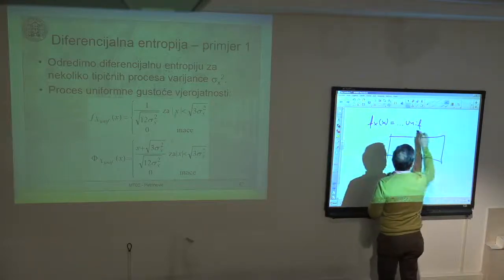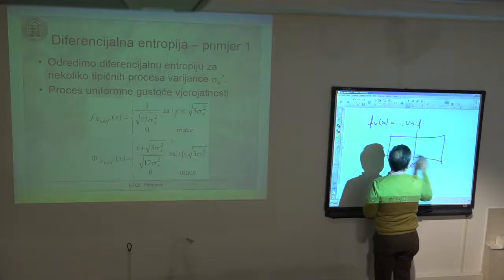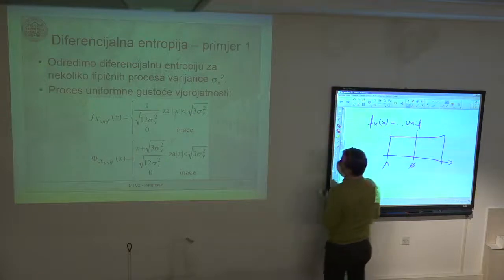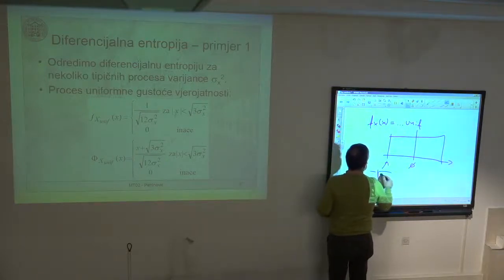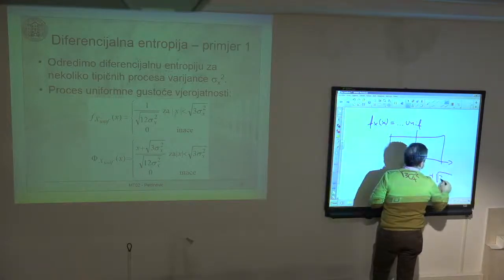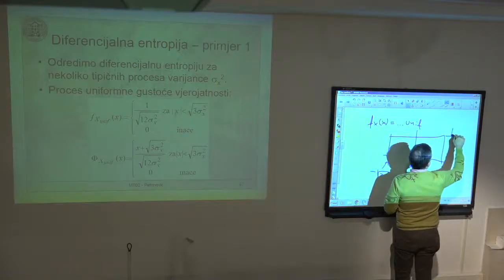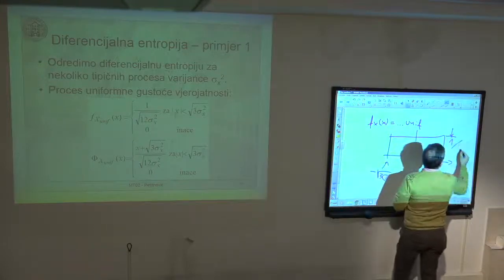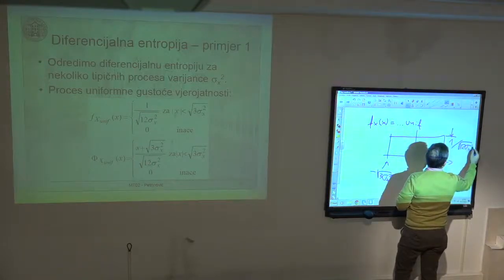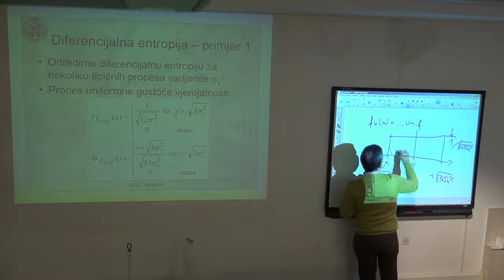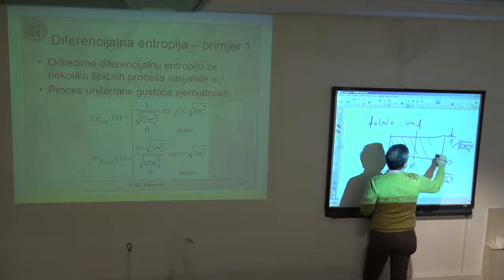Okay, it has zero mean, so I have this value x, and this minimum and maximum values are from minus square root of 3 sigma x squared to plus square root of 3 sigma x squared. And this density, the height, is 1 over square root of 12 sigma x squared. Why? In this case, the area here is equal to 1.